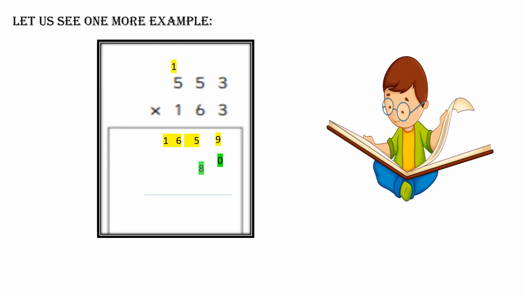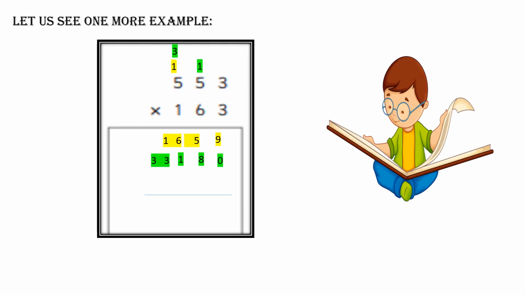So 6 threes are 18, 8 here and 1 on the top. 6 fives are 30 plus 1 is 31. So 1 here and 3 on the top. 6 fives are 30 again. 30 plus 3 is 33.